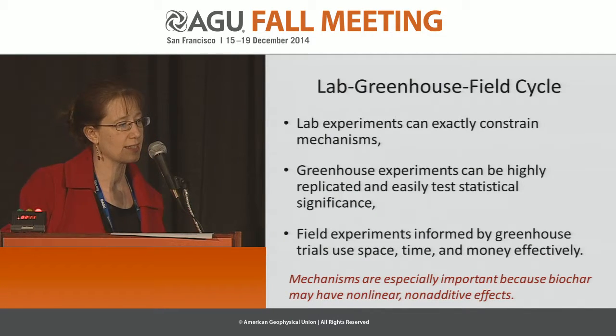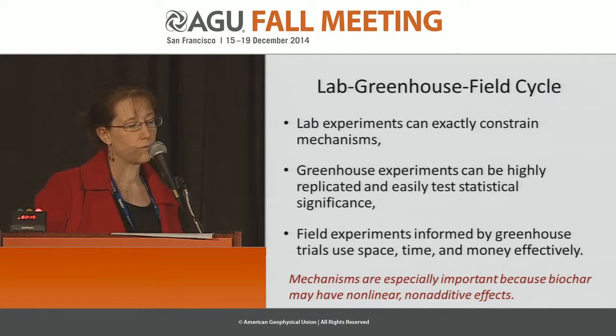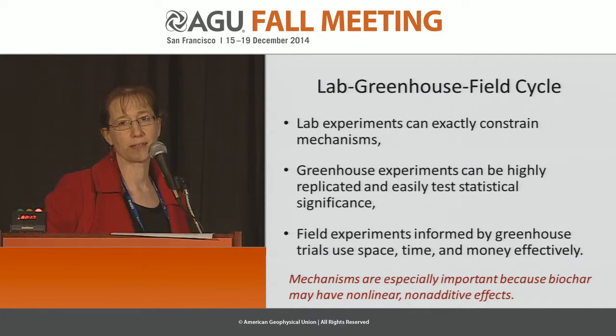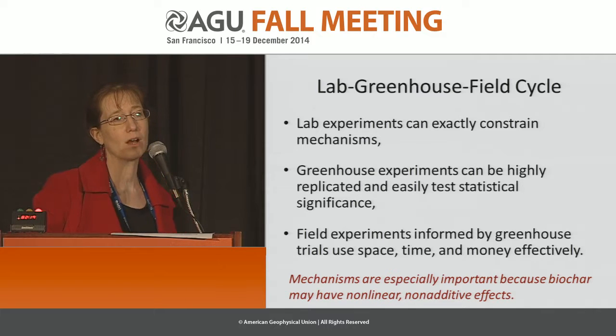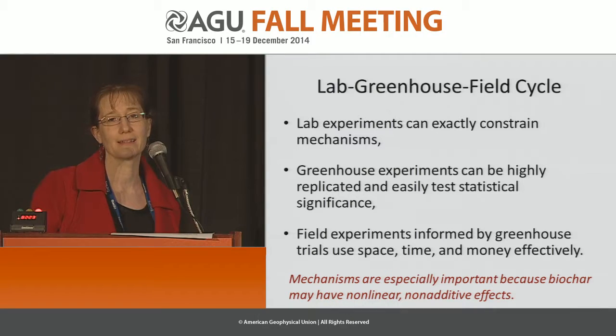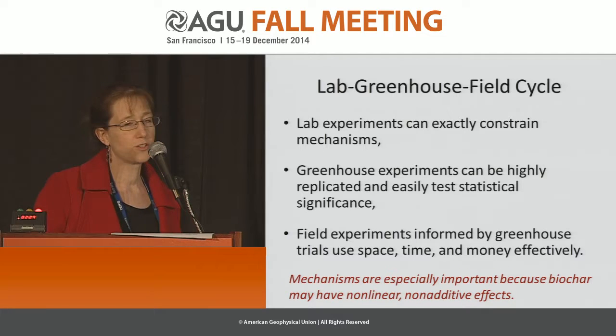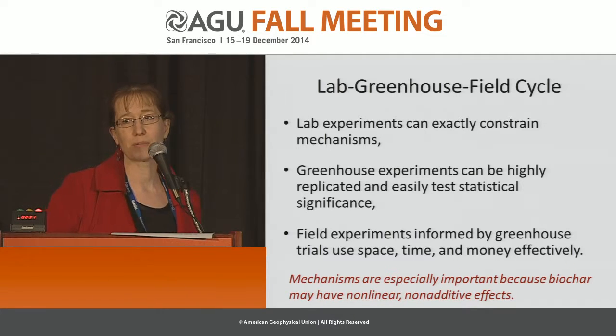So again, just to say this explicitly, we can use lab experiments to really exactly constrain the mechanisms that could be happening. But we all know that all kinds of things can happen in the lab. Things that happen in the lab are not necessarily going to happen in the greenhouse or in the field. We can use greenhouse trials to conduct highly replicated experiments in soil. The wonderful thing about greenhouse trials is that you can make N very large, far larger than you can do in a field trial.